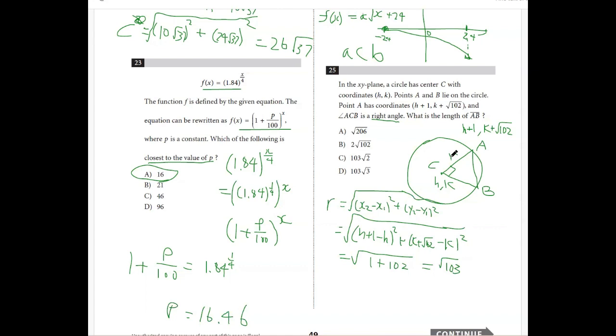Okay. And since this is a right angle, I'm going to go ahead and also write this down here because the radius has to be the same.